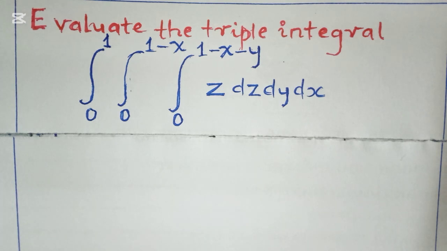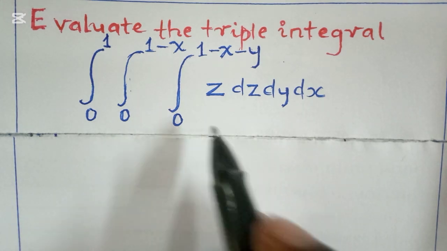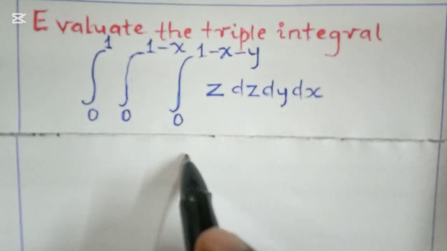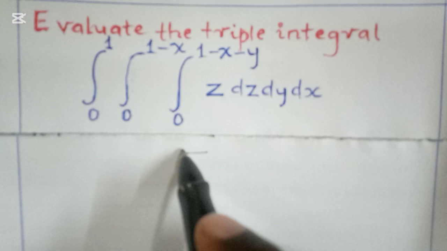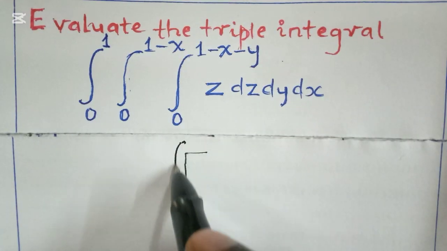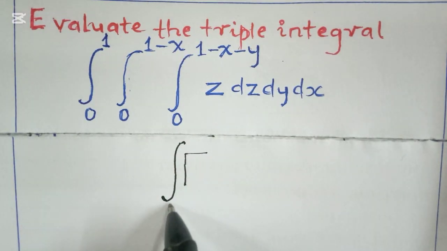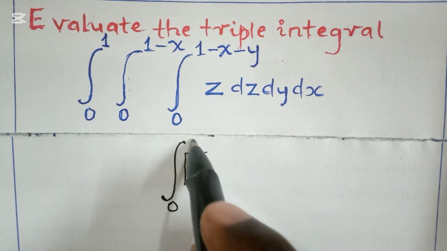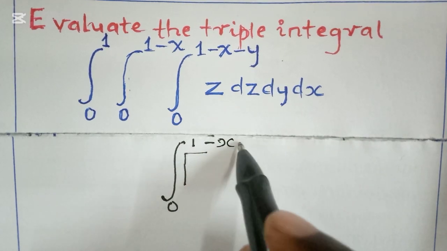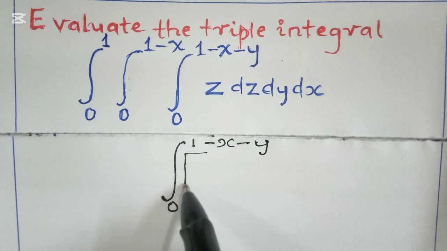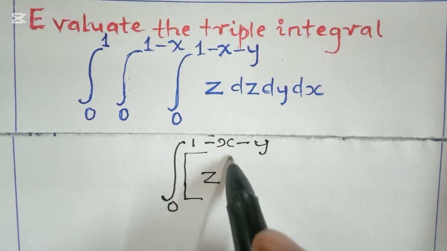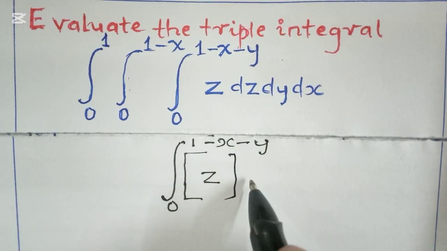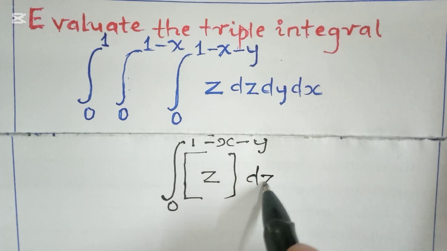So therefore I will start with that. Here we have 0, we have 1 minus x minus y, and then we have the dz.